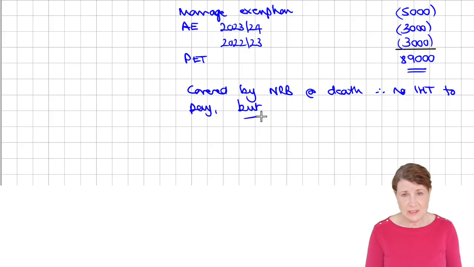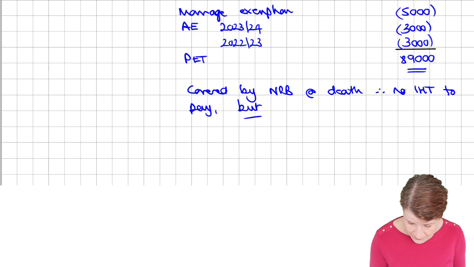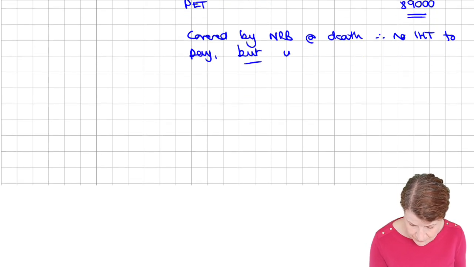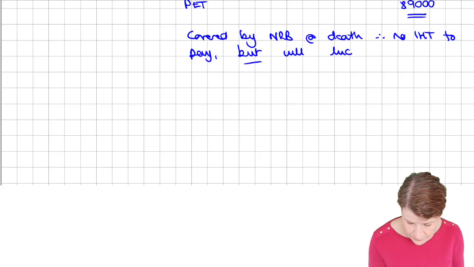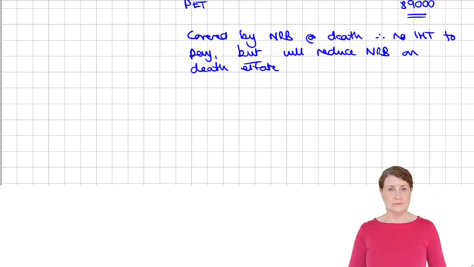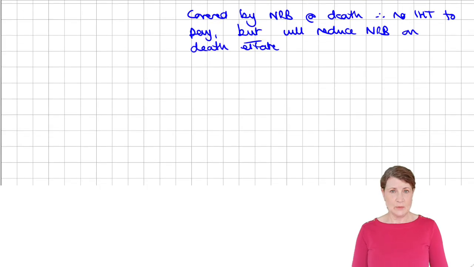But because it's within 7 years prior to the date of Hamish's death, it will reduce the nil rate band on the death estate. Okay, so that's the lifetime gift out of the way. Nice and straightforward, that one, unlike the previous example where there was quite a lot going on.